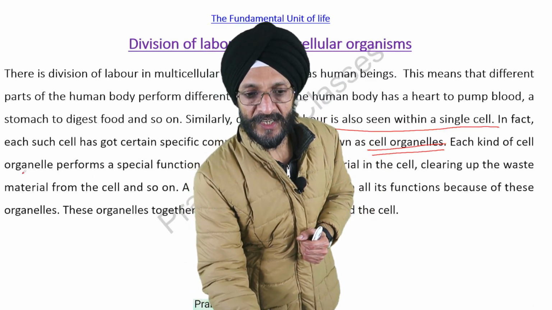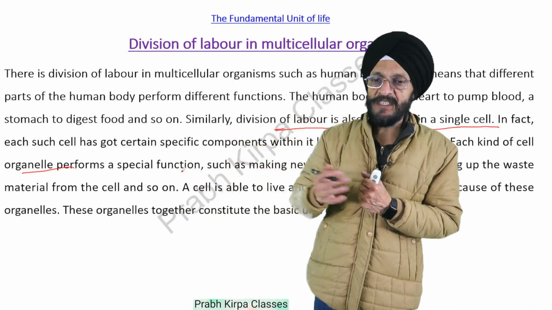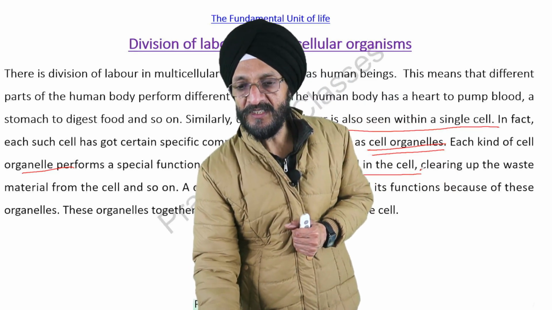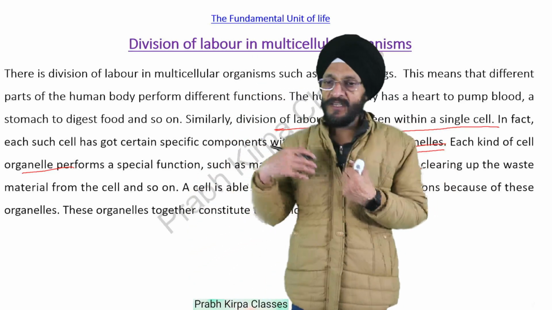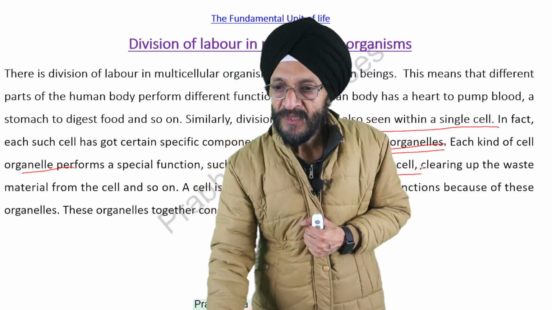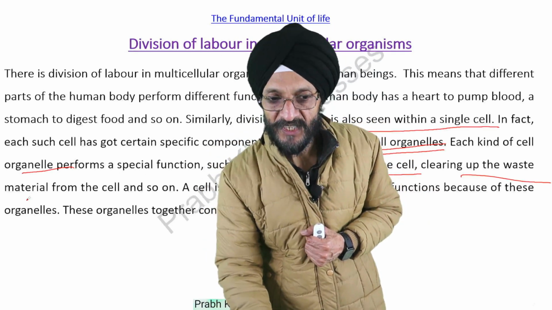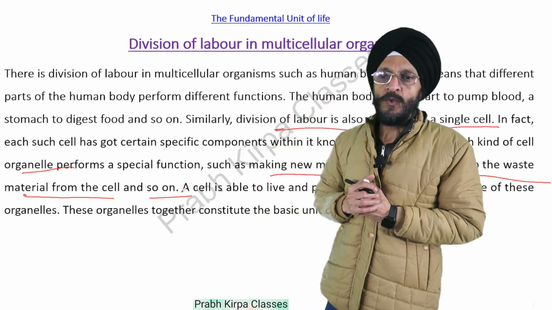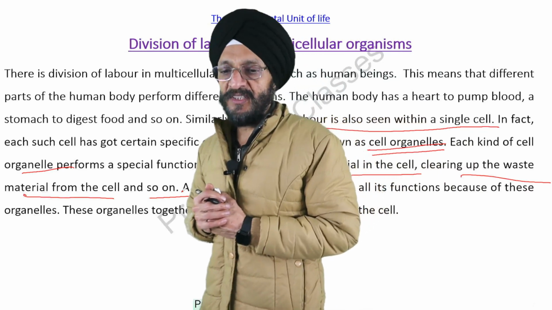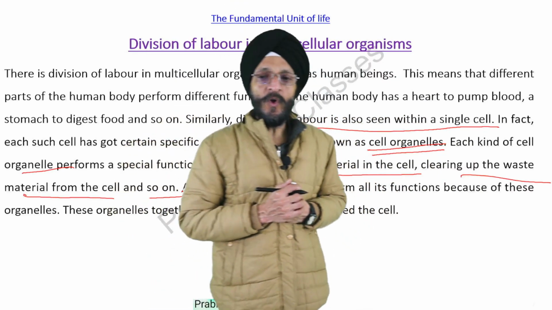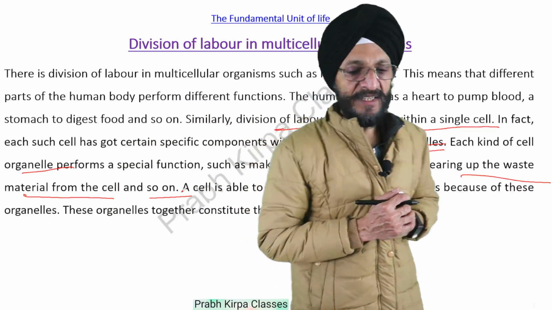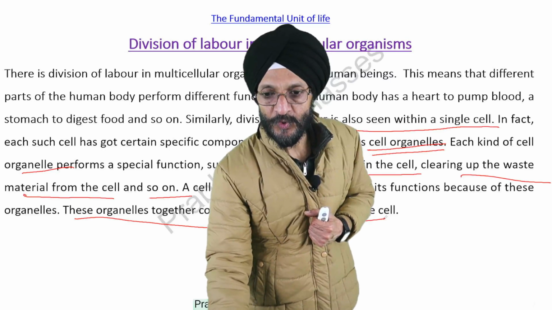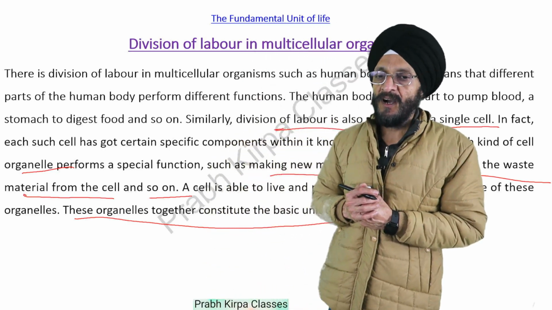Each kind of cell organelle performs a specific function, which may include making new materials in the cell, whereas some other cell organelle is related to clearing up waste material from the cell, and so on. A cell is able to live and perform its functions because of the cell organelles present inside it. These organelles together constitute the basic unit called the cell.